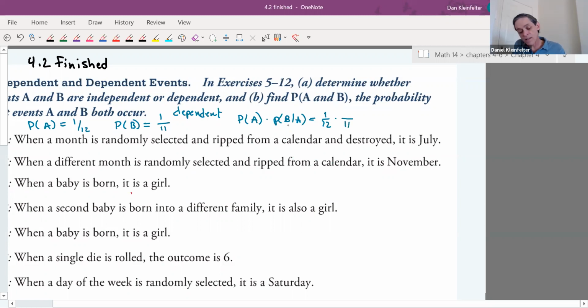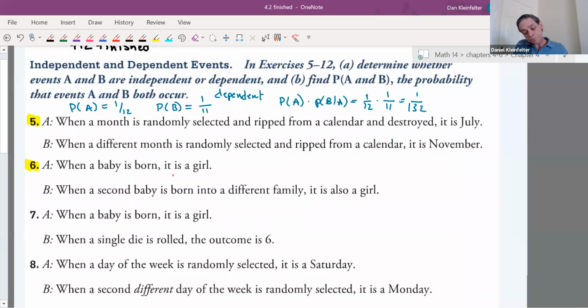So if A has already happened, that is, July was taken out the first time, there's only 11 months left, out of which 1 is November. So then that's 1 on the top, and then 11 times 12 is 144 minus 12, 132. 1 out of 132.